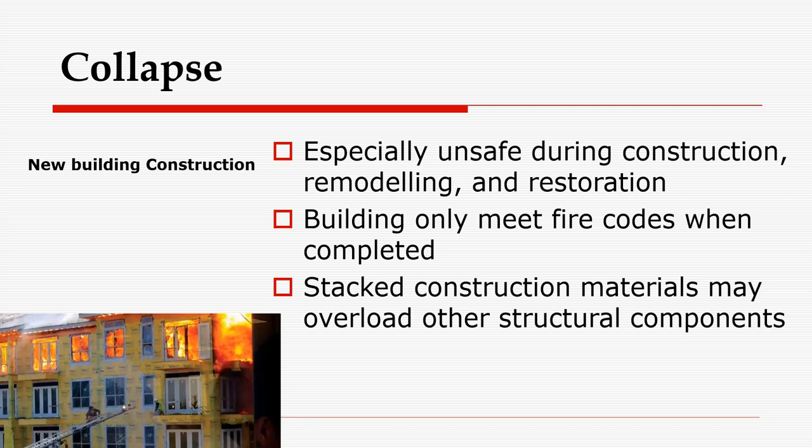So these new building constructions can be, or should be, an issue we pay attention to during the building phase, so that we can learn what the building looks like early on, and also keep in mind that people building these places are adding material and pallets of stuff that could overload certain areas of this building that you may be working under to put out.